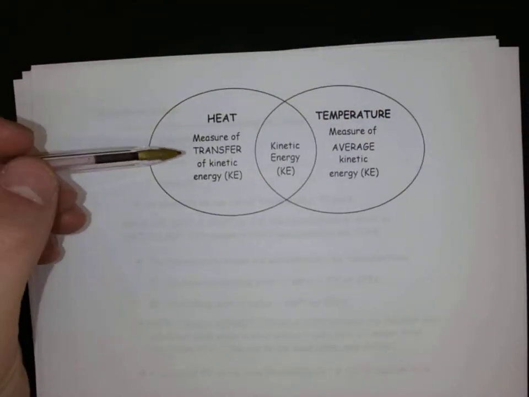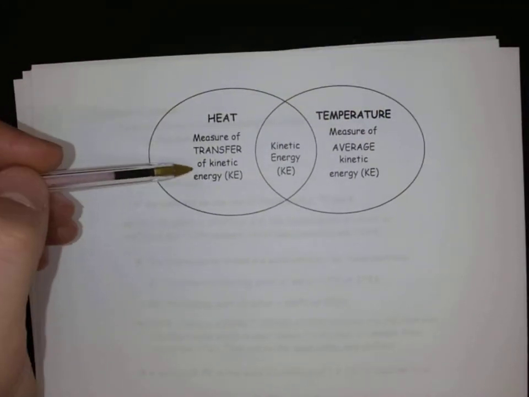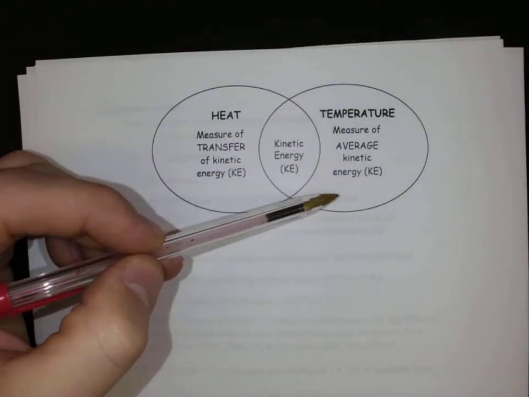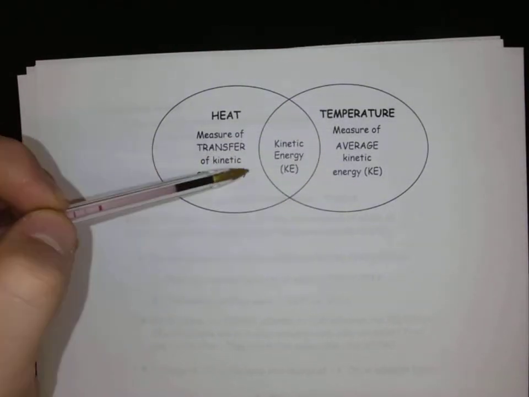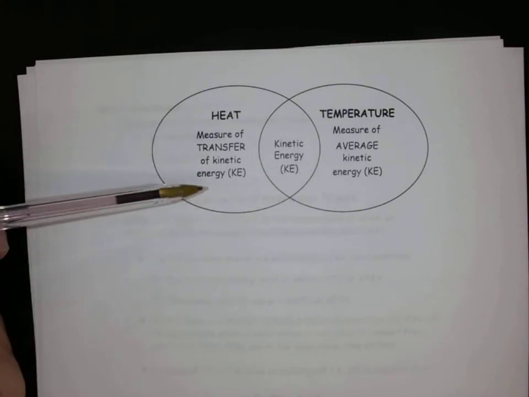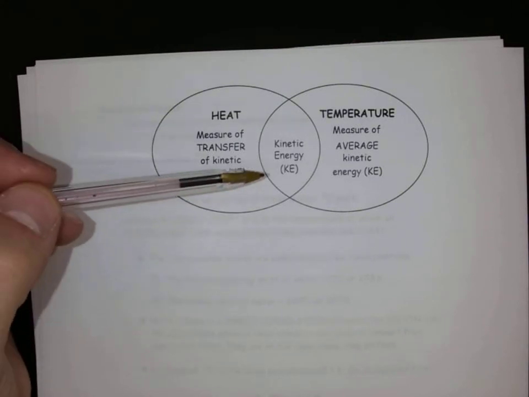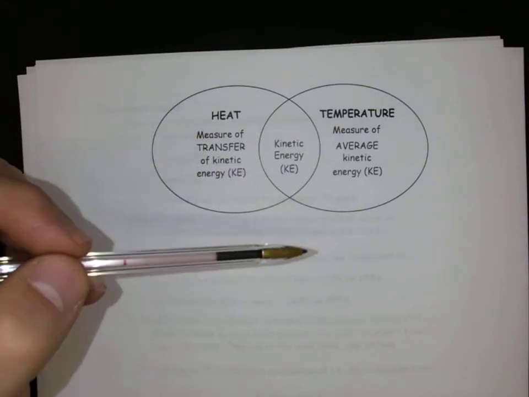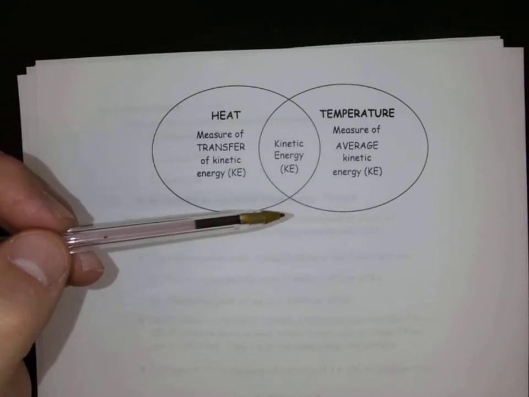So heat, again, is the measure of a transfer of kinetic energy. The temperature is the measure of the average kinetic energy, right? They both have to do with the motion of our particles, right? They both have to do with the kinetic energy, but the heat is the transfer of energy. Temperature is the measure of the average kinetic energy, okay?